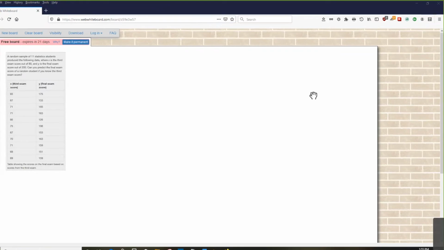Okay, so now we're going to look at prediction. Because we've identified that R is significant, we can now use the least squares regression line for prediction. So let's go ahead and write down again what our equation is.